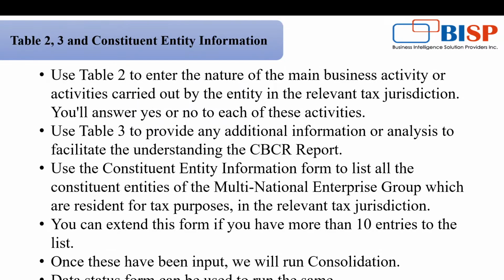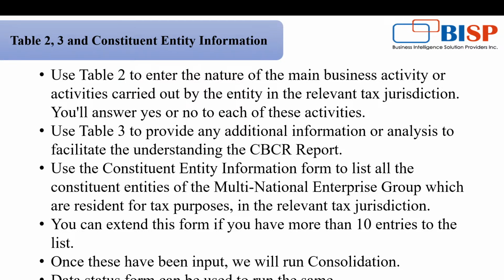Now we will get to our next one, that is table 2, 3 and the constituent entity information. This slide explains the practical structure of the CbCR template. In table 2, for each entity in the jurisdiction, you specify the nature of the main business activity.